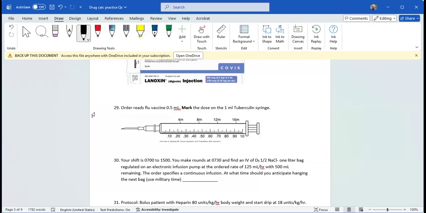What you have to figure out is where your milliliter marks are. These are not milliliters. The clue is 1 mil tuberculin, and notice that the whole syringe is 1 milliliter. So if you're marking the dose, this is where you're marking it, right at the 0.5.